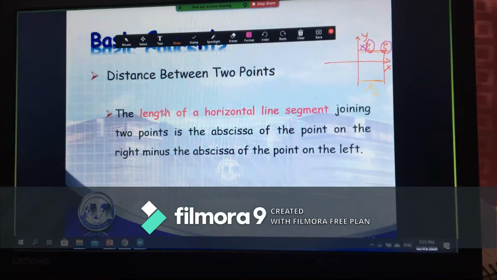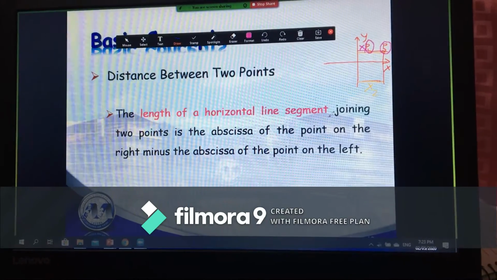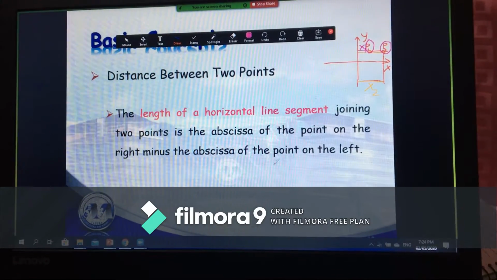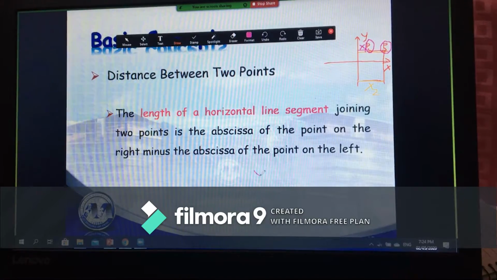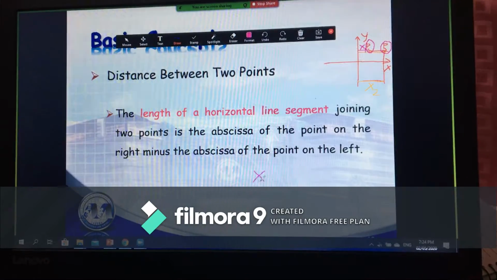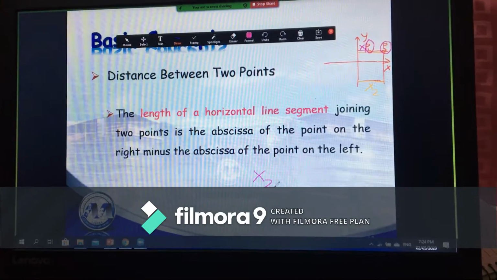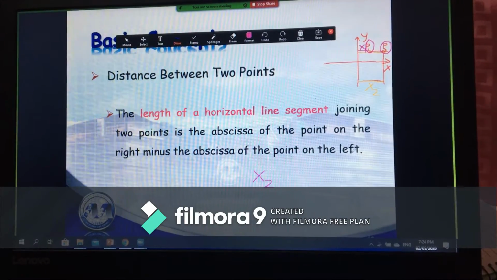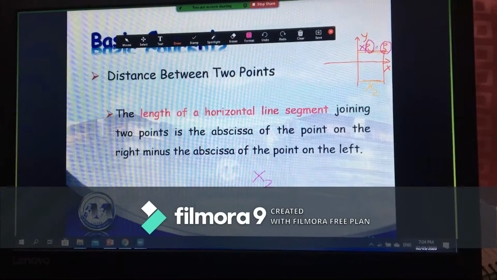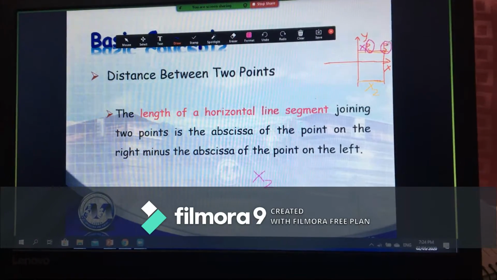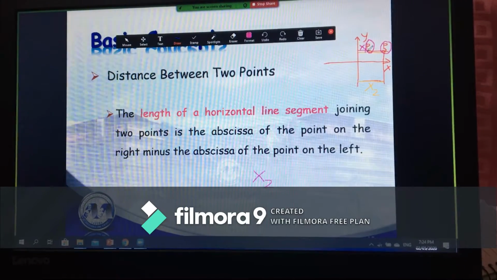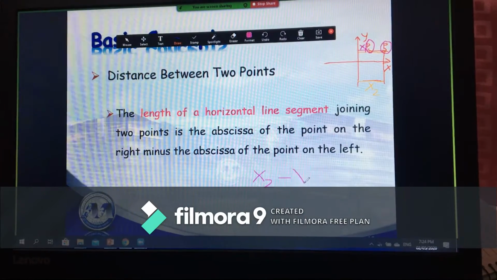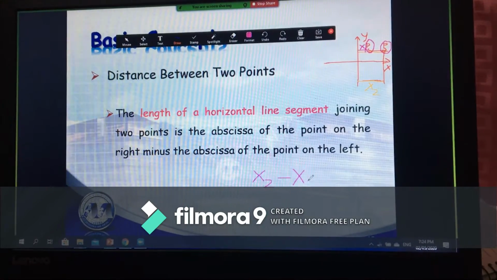So it says here the length of a horizontal line segment joining 2 points is the abscissa of the point on the right, which is x2, minus the abscissa of the point on the left. The abscissa of the point on the left is x1, so minus x1.